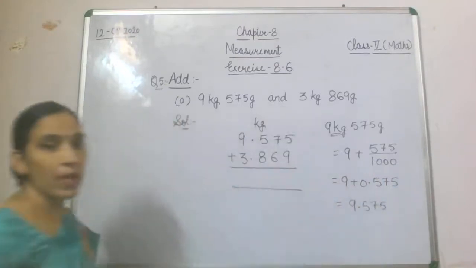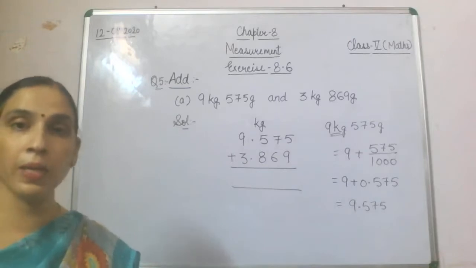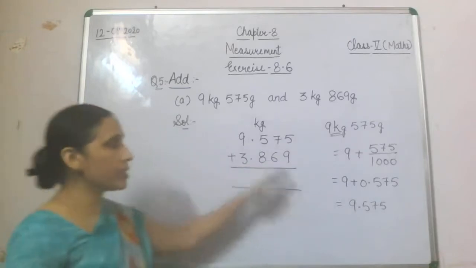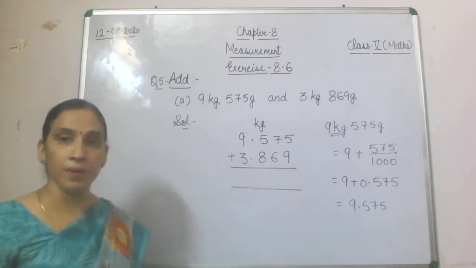Similarly, 3 kg 869 gram becomes 3.869. And now you will do addition.